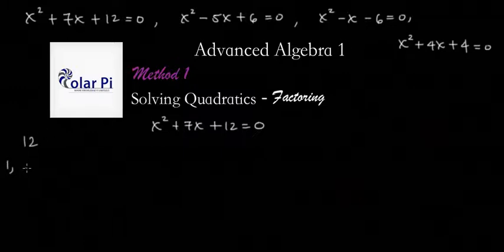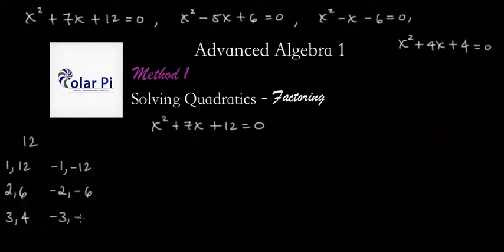So I start with 1 and 12, that's easy, and I also know negative 1 and negative 12 will have to work, so I always write the negative versions, and then 2 and 6, and then negative 2 and negative 6, and then 3 and 4, and then negative 3 and negative 4.